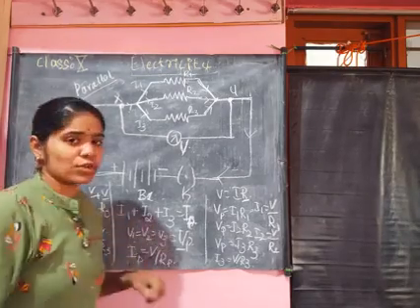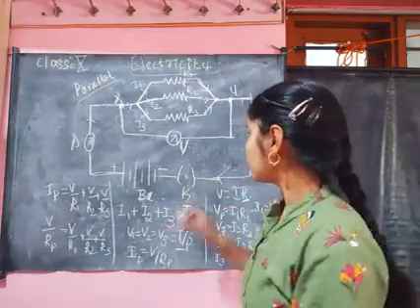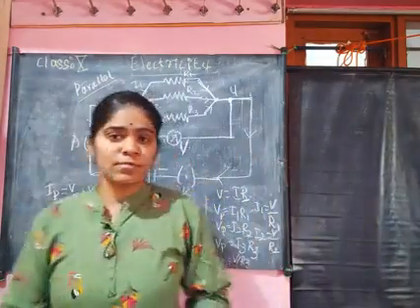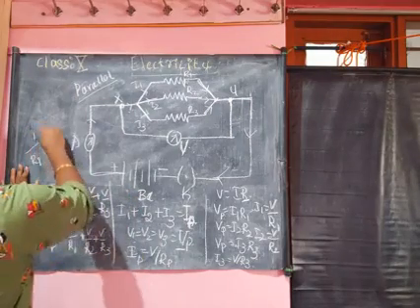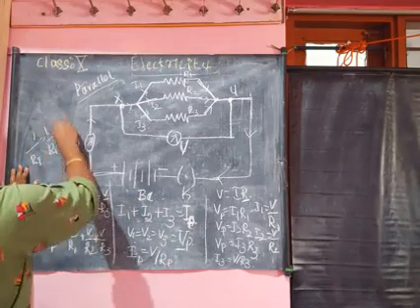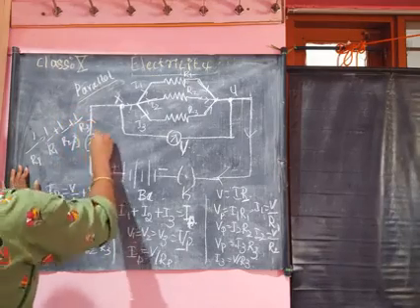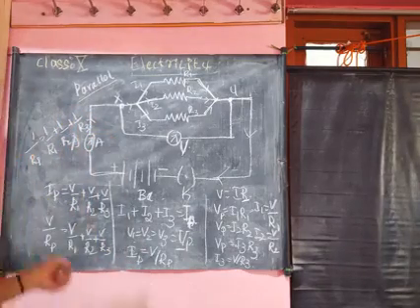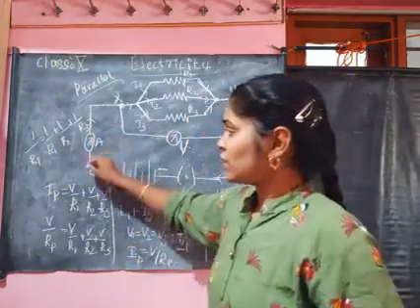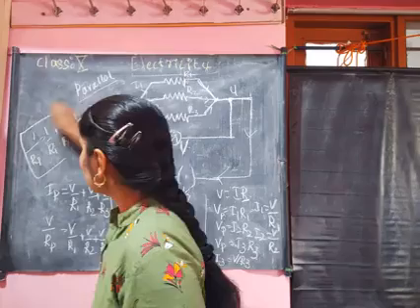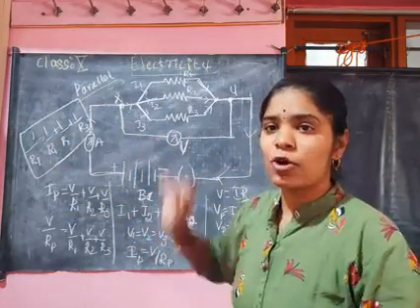So in this case the V will cancel and we are left with 1 by RP equals 1 by R1 plus 1 by R2 plus 1 by R3. So this is the total equivalent resistance for a combination of resistors connected in a parallel combination.